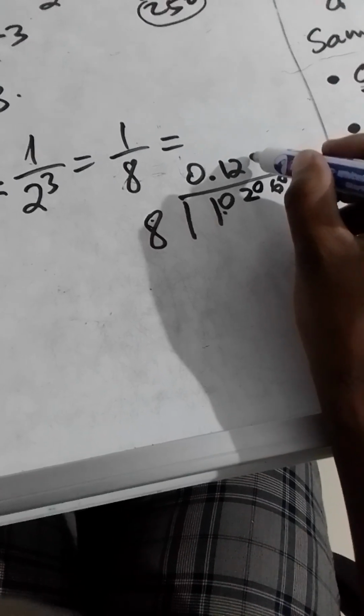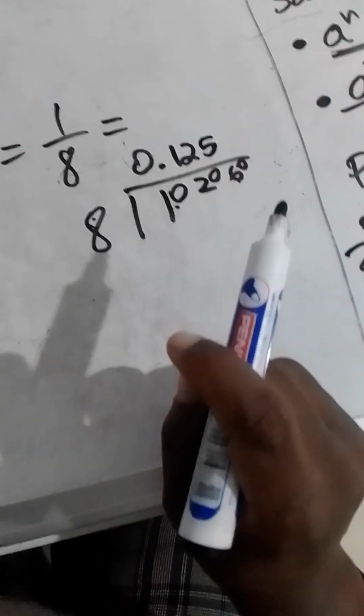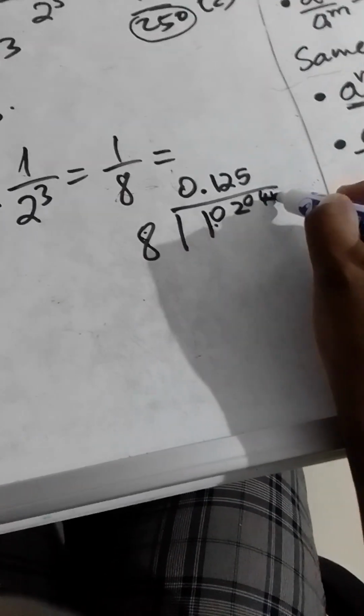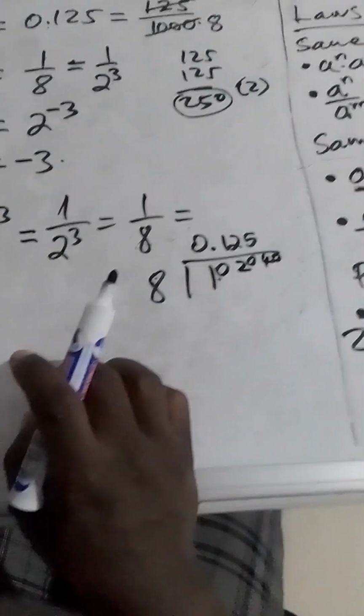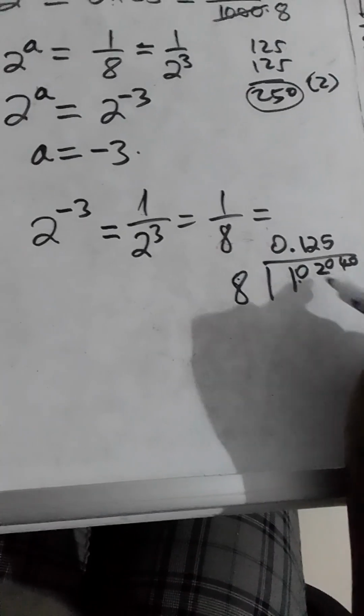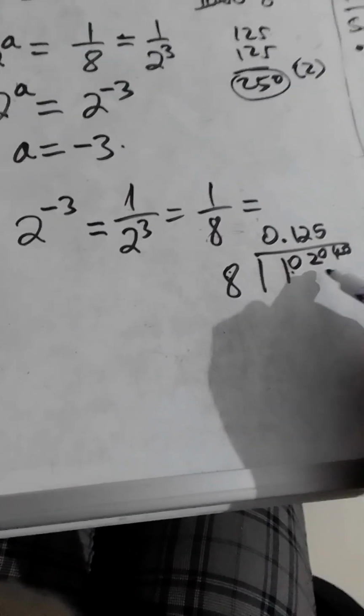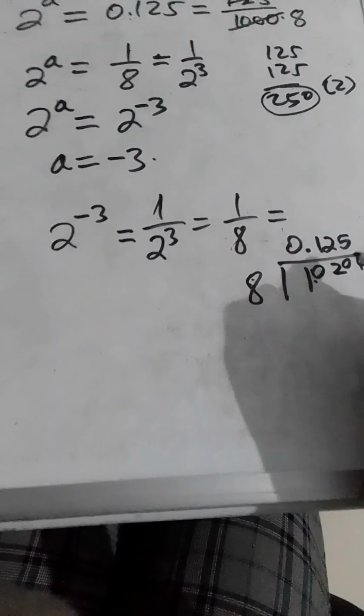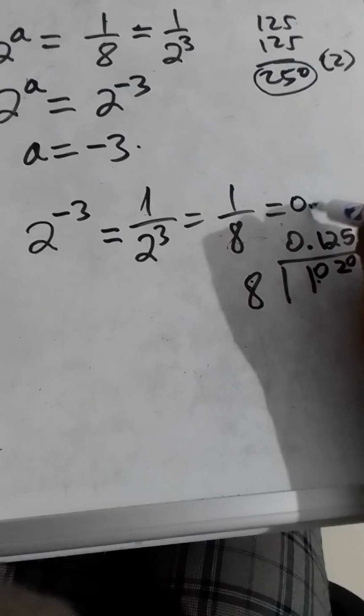We put a 0. 8 into 60 goes 7 times. Sorry, I made a mistake here. 2 eights, 16, you get a remainder of 4, and then we have 40. 8 into 40 goes 5 times. I made a mistake there, so I already know the answer is not 125. So this is equal to 0.125, and so the solution is actually correct.